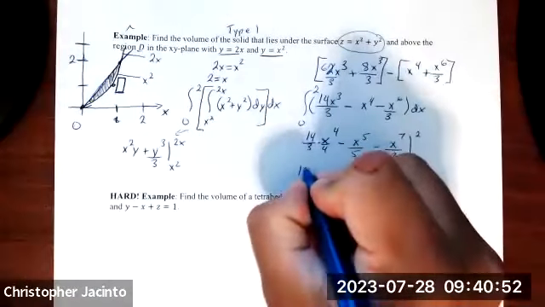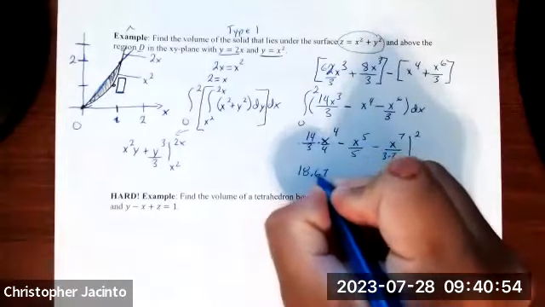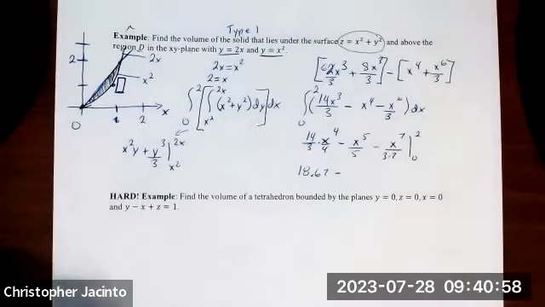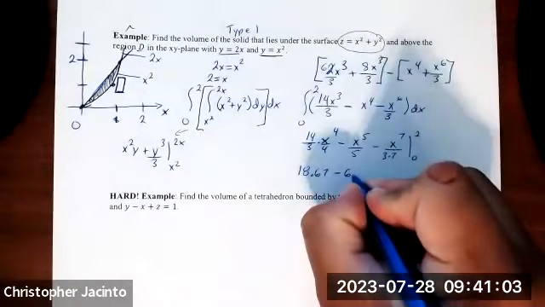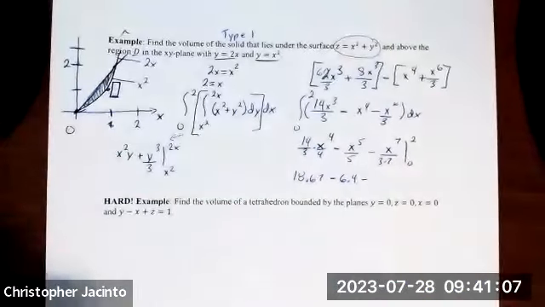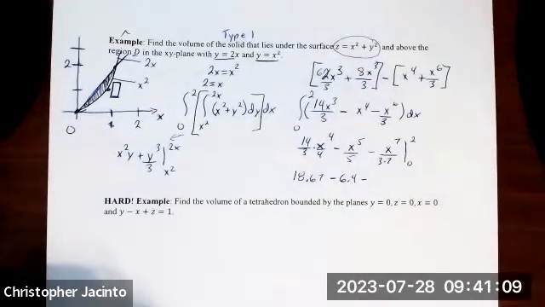So this first part I get 18.67, minus 2 to the 5th divided by 5, 6.4, and minus 2 to the 7th divided by 21.